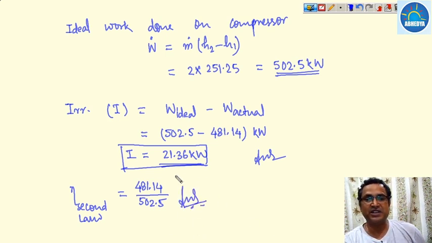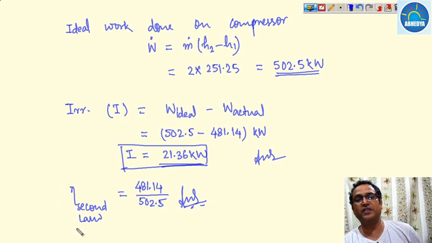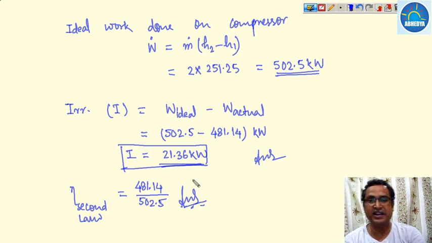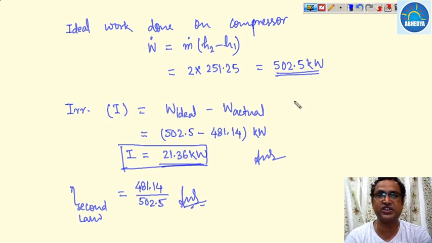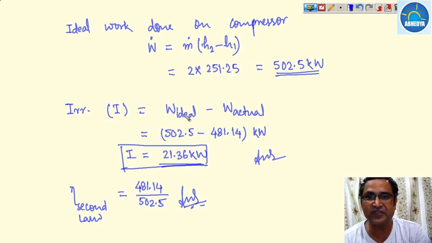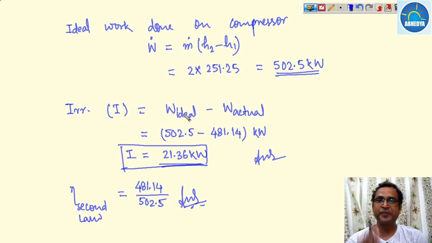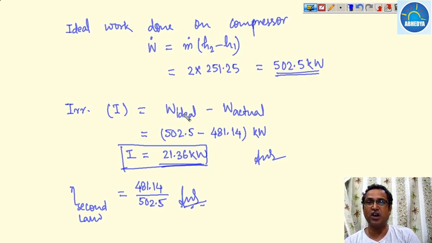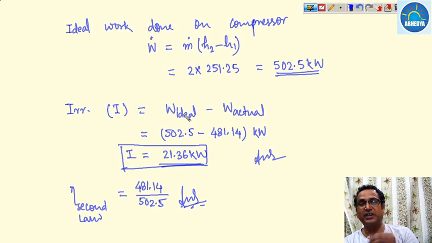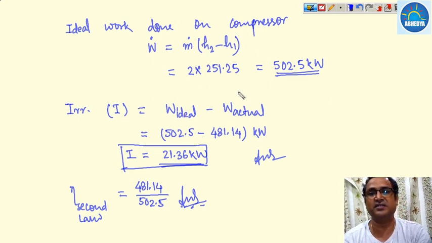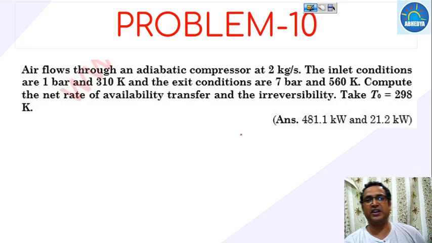Sometimes this type of question will be asked, what is the value of the second law efficiency? Even in the next problem we have discussed the second law efficiency too. In the second law efficiency we basically find out the actual work that can be done in the presence of irreversibilities or friction, with respect to the ideal work, that is in the absence of any friction. Okay, now come to the next problem.